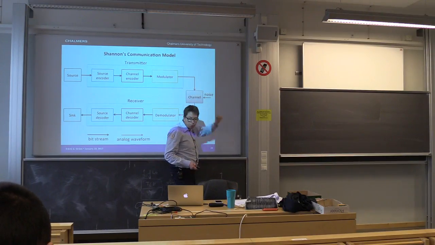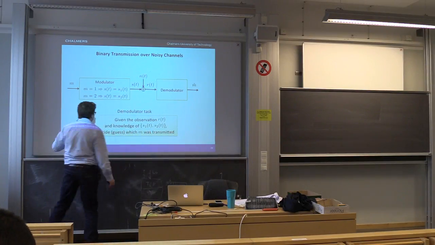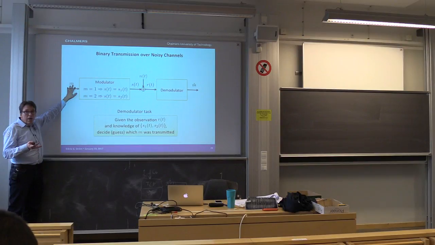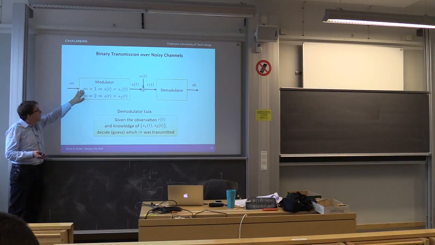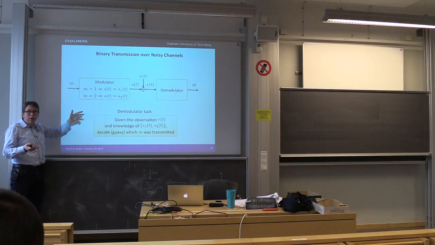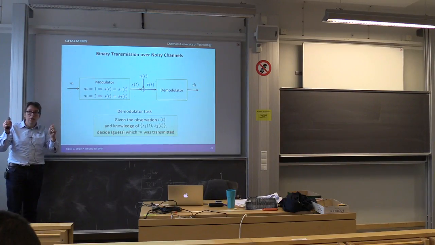And what messes things up is the channel. That's noisy. So the simplest thing we can do is that we take a bit represented by this variable m. M is a binary variable. It could be 0, 1, or in this case 1 and 2, or it could be -1 and 1. It doesn't matter. The only thing that matters is m can take on 2 distinct values, and that's it.